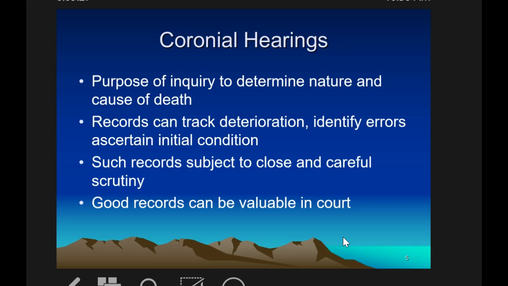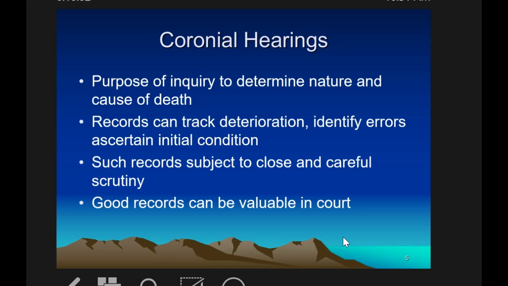So it goes without saying that one of the most important things, as well as verbal evidence by nurses and doctors and everyone else, is the documents that are written, the healthcare records during their time in hospital, that will be closely and carefully scrutinised. So, healthcare records, if they're written well, can track a person's deterioration to identify whether any errors or adverse events occurred during the patient's stay, and so on.